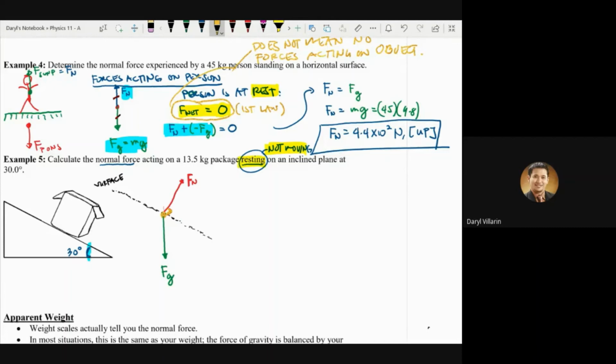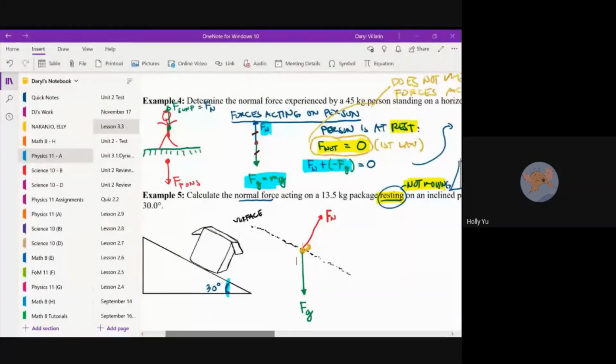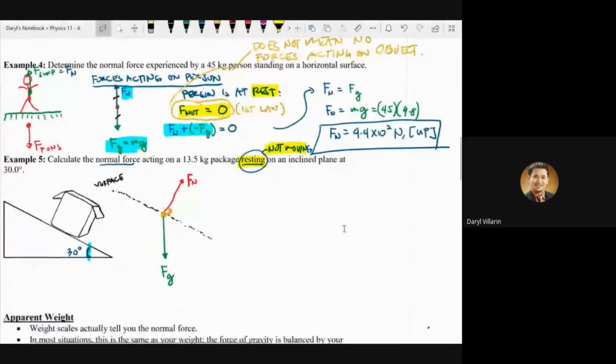Am I only talking about two forces? I think there is also friction here. Okay, great. You have friction. Where do you think is the direction of friction? I think it is up, like 30 degrees up.